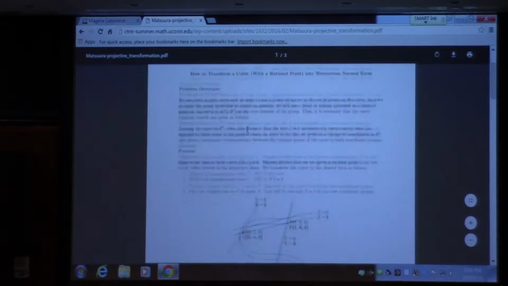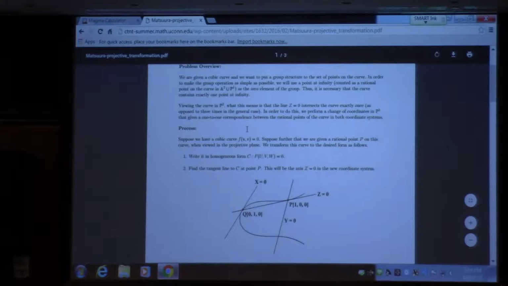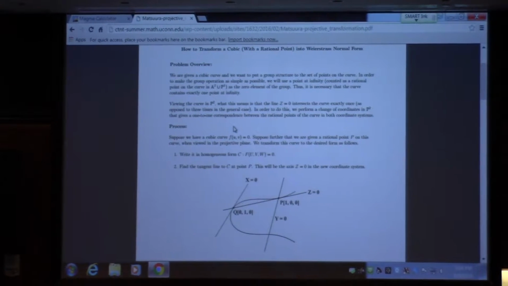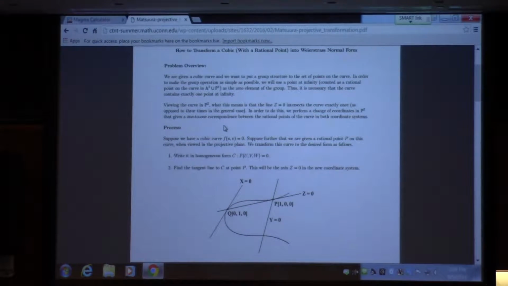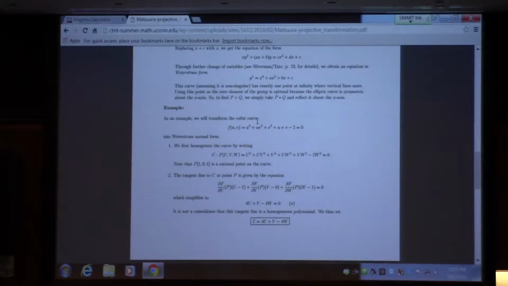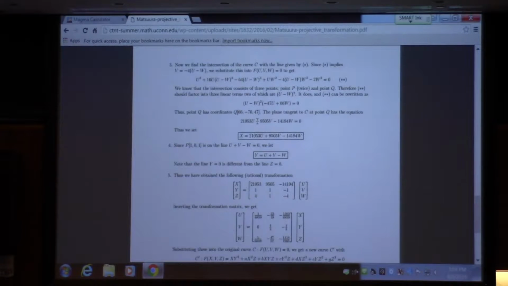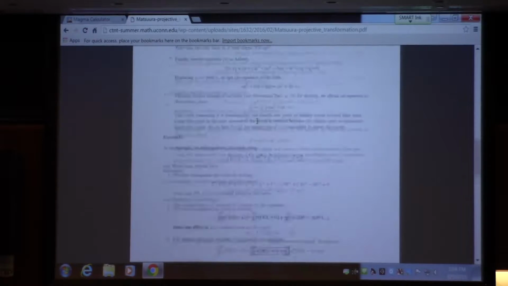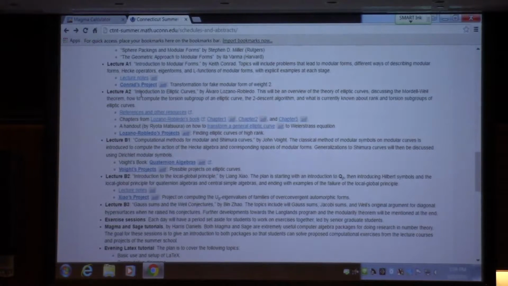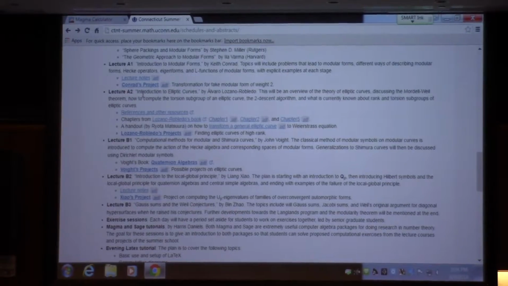You can read this. There's a short version of this in Silverman and Tate, Rational Points on Elliptic Curves. There is a brief mention of this there, but Ryota really explained this in a lot of detail with a couple of explicit examples on how to do it. So if you're interested, I think it's actually a very nice argument, and you can learn how to do it.